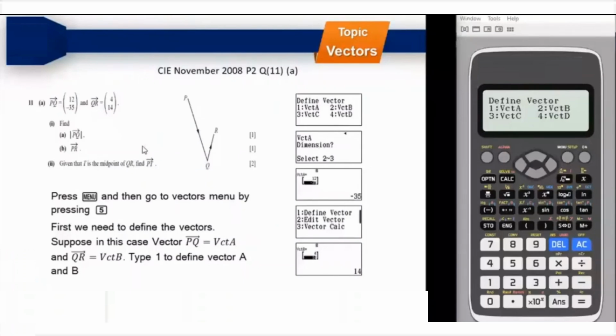Furthermore, it is also important for you to realize that there are 3 methods of representing vectors. There is the coordinate form, that is x comma y in 2 dimensions, and in 3 dimensions it is x comma y comma z. And then there is column vector form as mentioned in this question.